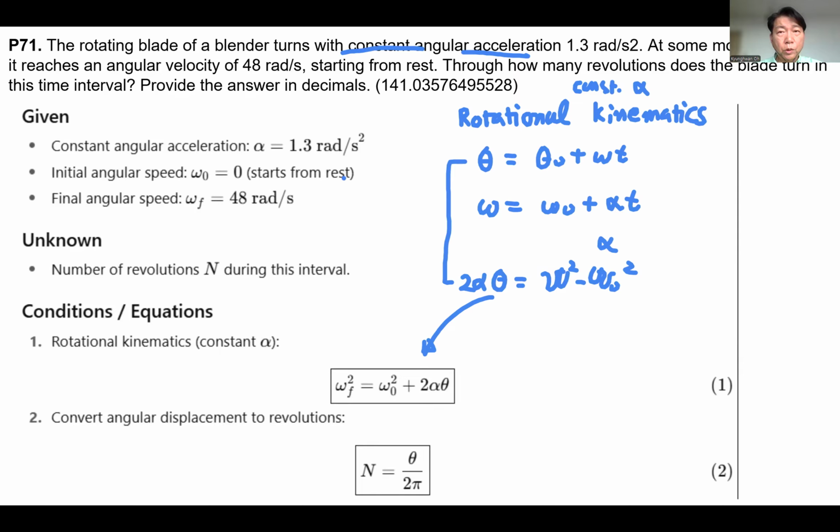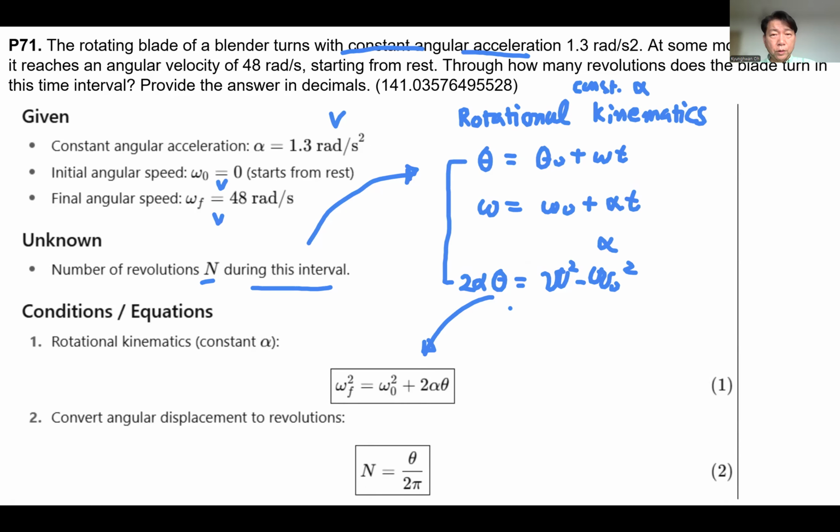So what we want to find out is that alpha is given and the initial angular speed is given. The final angular speed is given. Okay. And we want to find the number of revolutions during this interval. So this number of revolutions is related to theta actually.